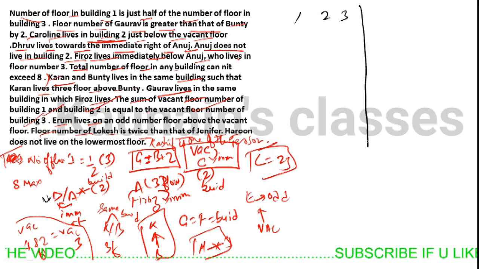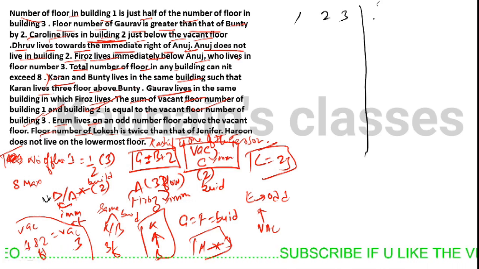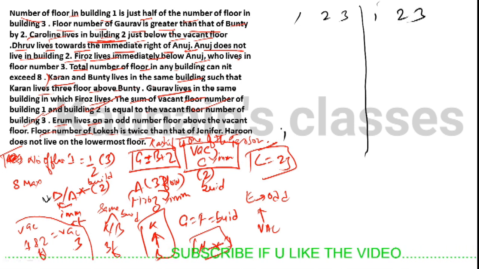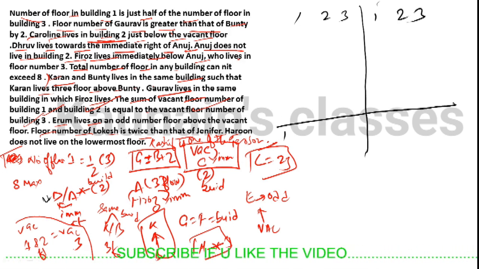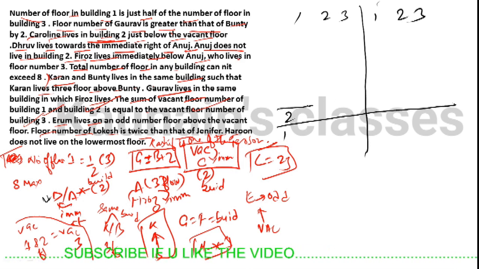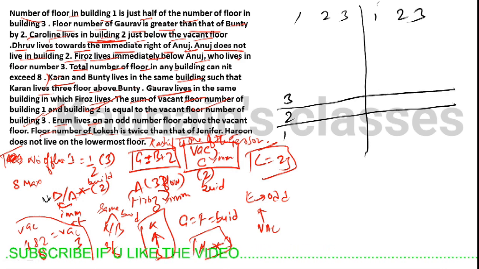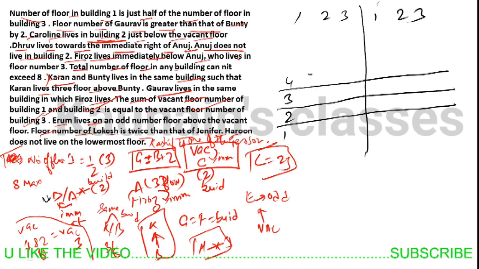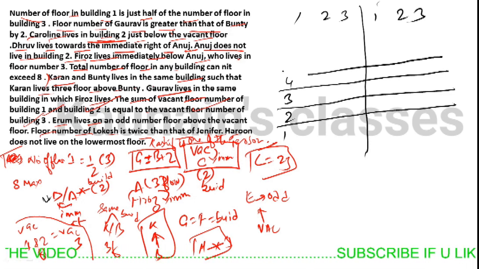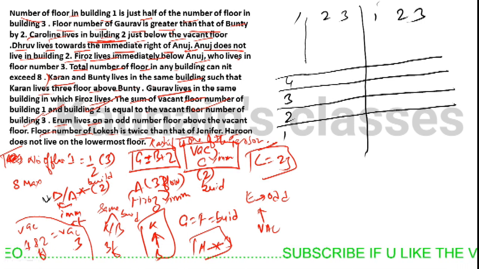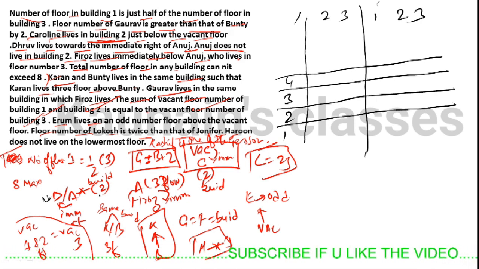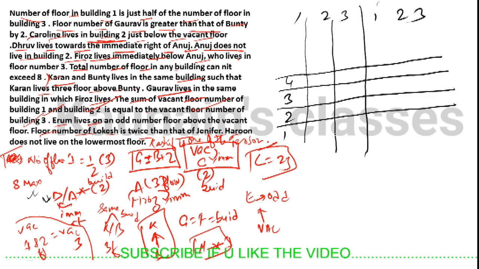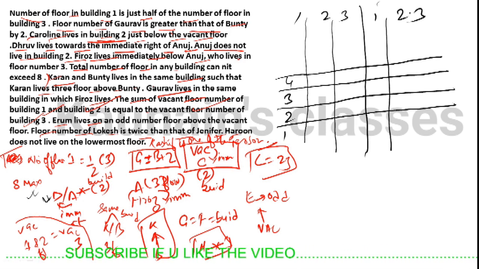Okay, let's make 2 cases. There will be floor 1, floor 2, floor 3, floor 4, but we don't know how many floors each building has. We just know that there can be a maximum of 8 floors in any building.